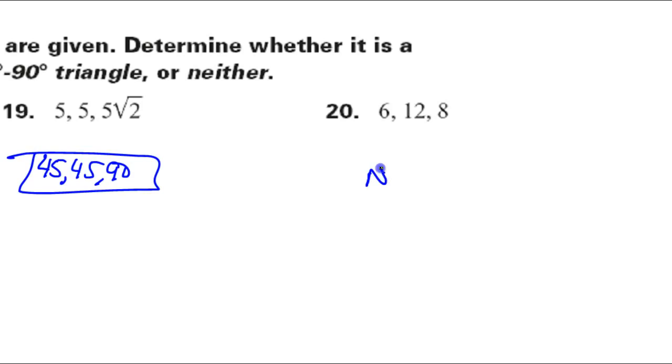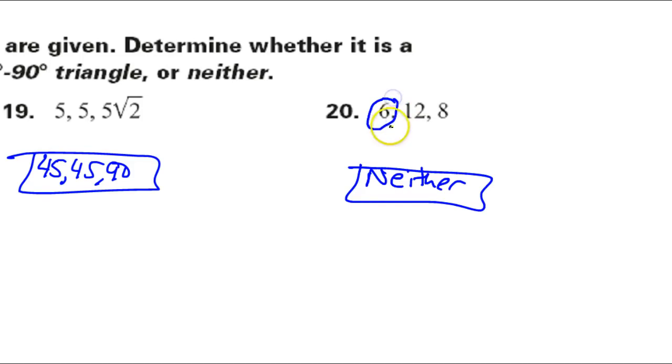This one is going to be neither. It's not isosceles, so I know it's not going to be 45-45-90. Now, what if it's a 30-60-90 triangle? If that were the case, then this would be the short leg. Double it, we should get a hypotenuse.